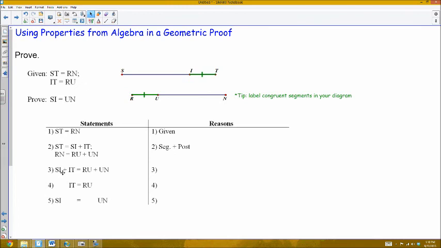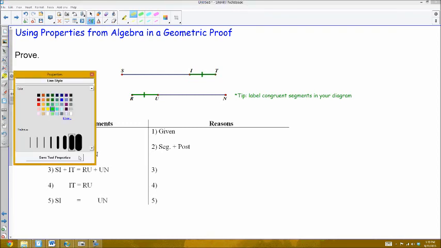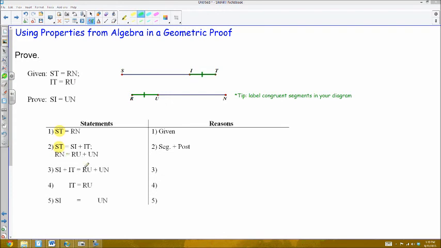So then looking at step 3, it's not 100% clear where it's coming from, but the place that I see SI plus IT is right here, and I know that's equal to ST, which also showed up in this equation. I also have RU plus UN, which showed up as RN, which also showed up in this equation.